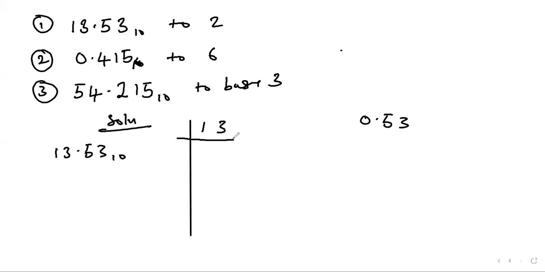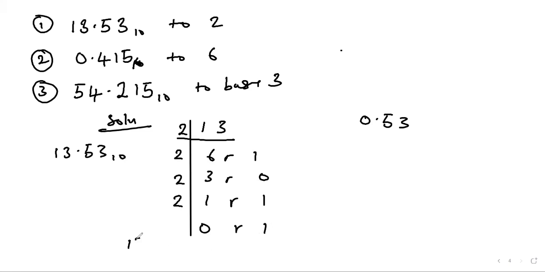I'll divide through by the new base I want to change to, which is 2. 2 divide 13, how many times? 6, remainder 1. 2 divide 6, 3, remainder 0. 2 divide 3, 1, remainder 1. 2 divide 1, 0, remainder 1.